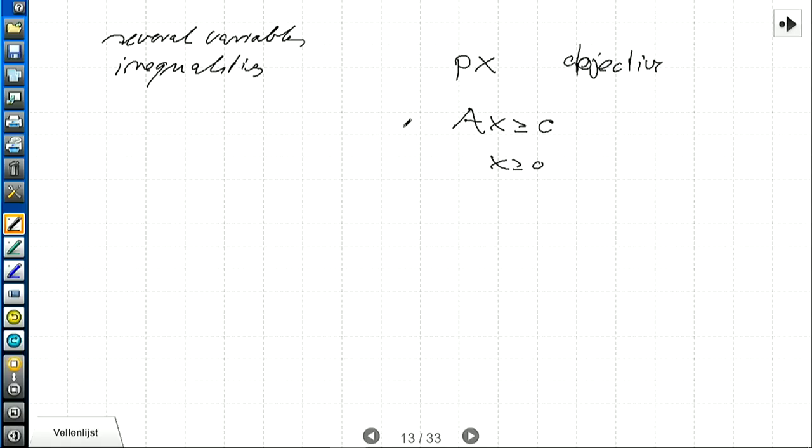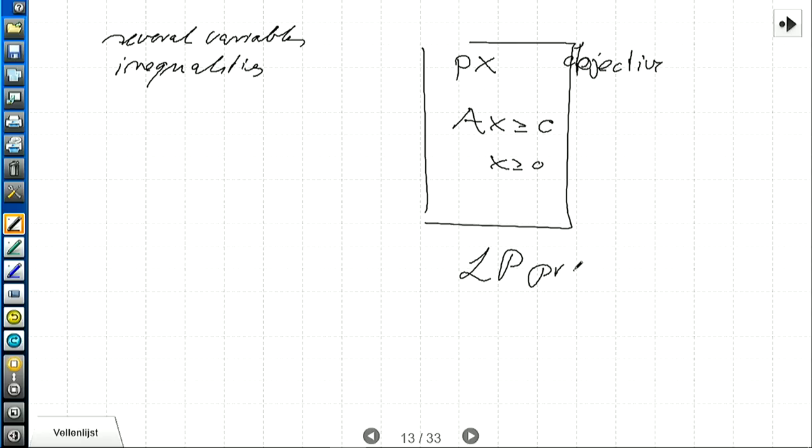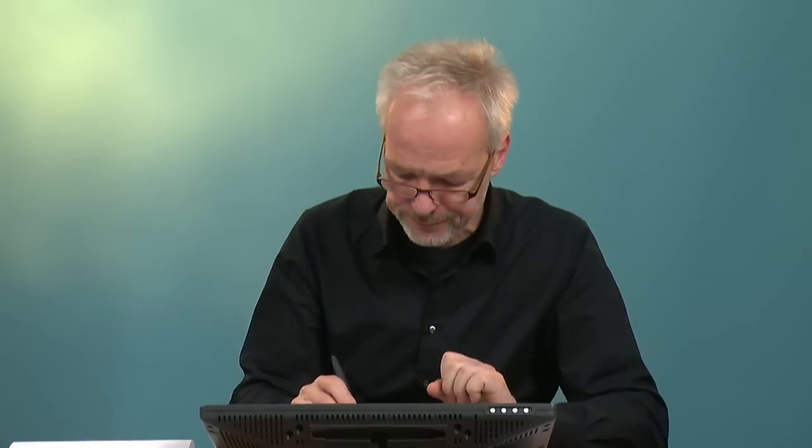Then I can solve this. Now, we didn't solve it, we just said it can be solved. We call this the LP problem. And what we did address there was how to formulate, how to write down an objective function to see what the problem is. So compared to the others, this is rather limited.